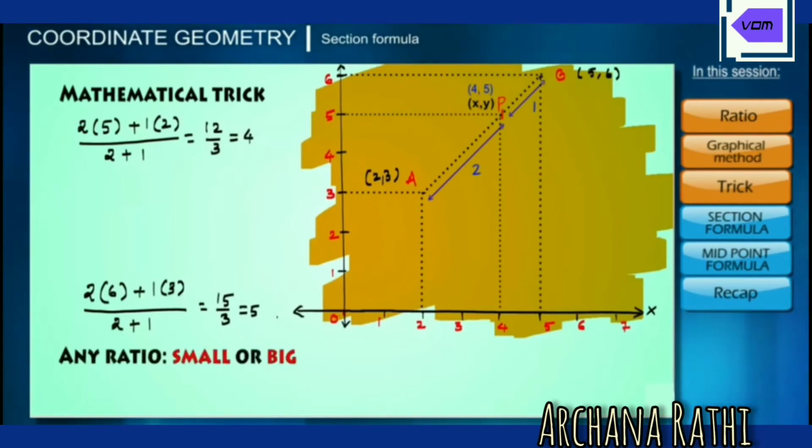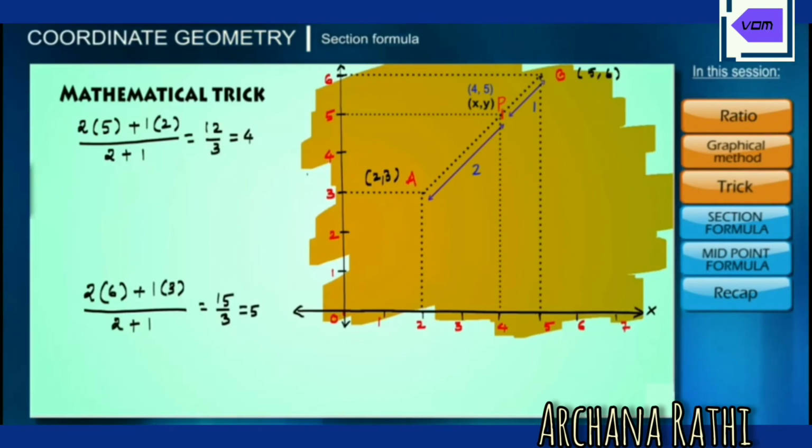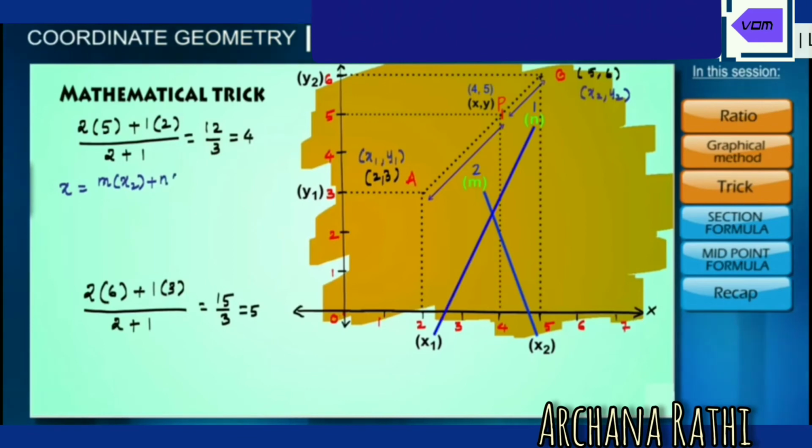Now this formula is applicable for any ratio, big or small, and the formula we generate by this trick is nothing but the section formula. Take point A as x1, y1 and point B as x2, y2, and the ratio m is to n. The first component of the ratio, that is m, into the x coordinate of the second point, that is x2, therefore m into x2, plus the second component n into the x coordinate of the first point x1, upon the addition of components, that is m plus n.